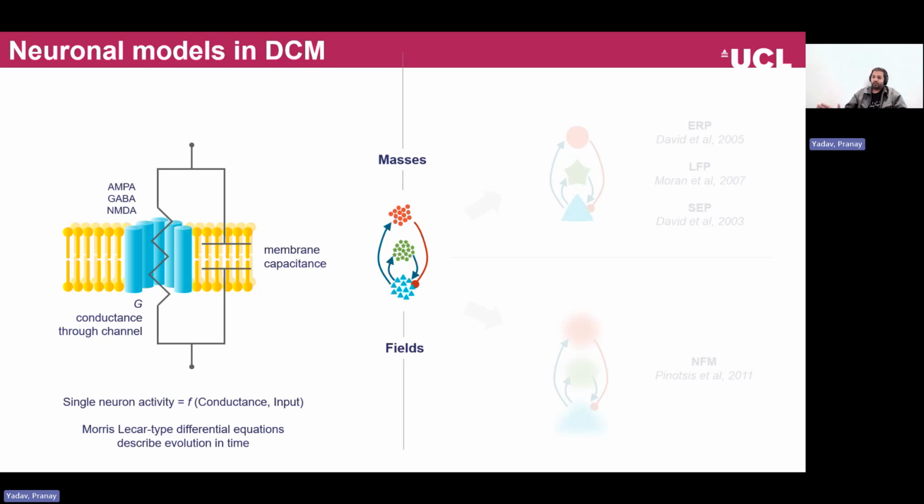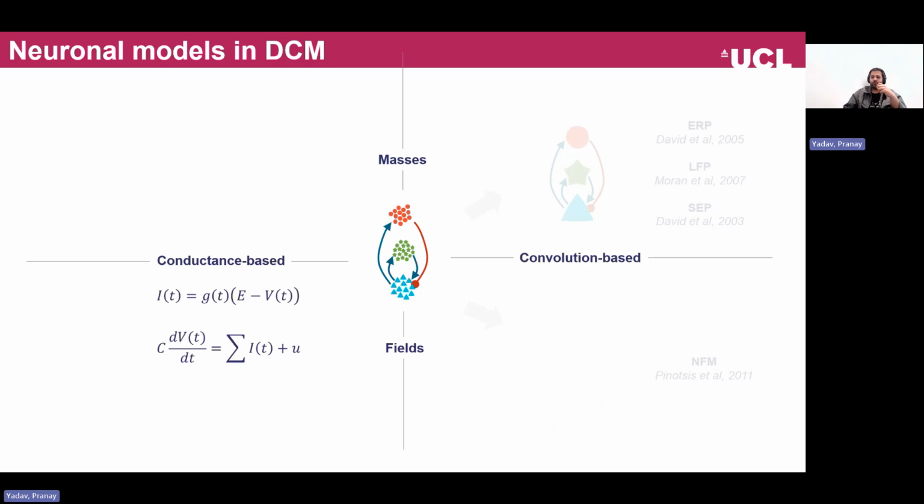Another way to look at this classification of models is how current is modeled. Now, there is another class of models where the neuronal activity can be due to conductance through a certain set of channels, such as AMPA, GABA, and NMDA. And it is current through these conductances that then changes membrane potential.